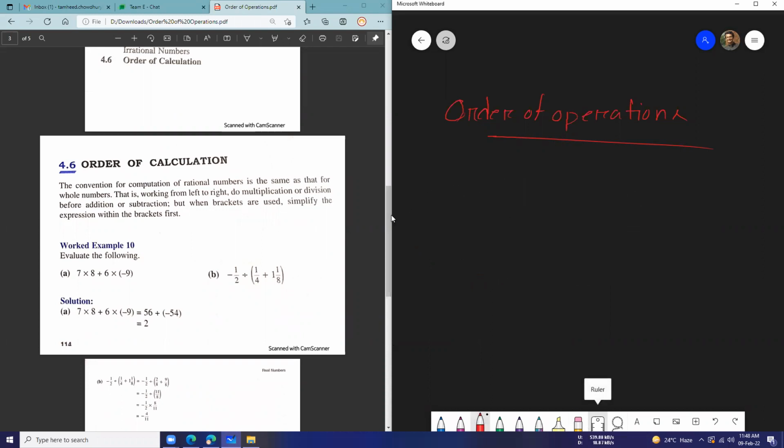So do you have to know about the technique? It's called BODMAS. What does BODMAS stand for?